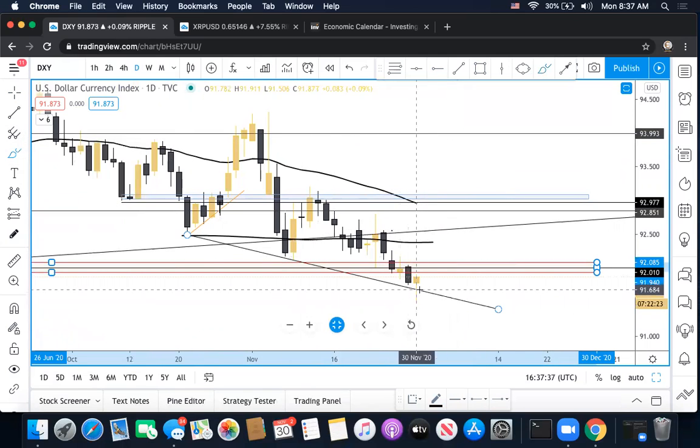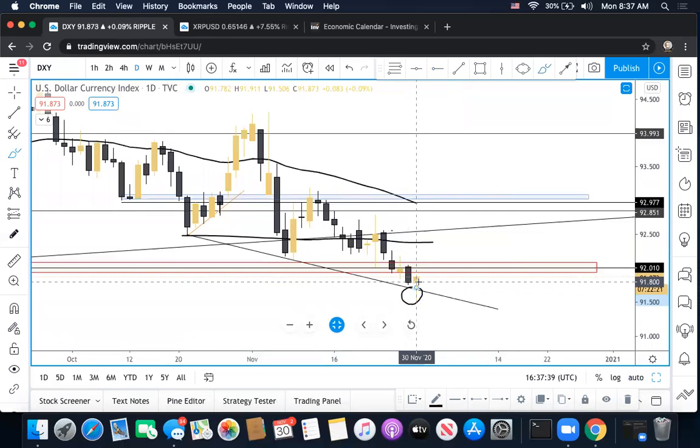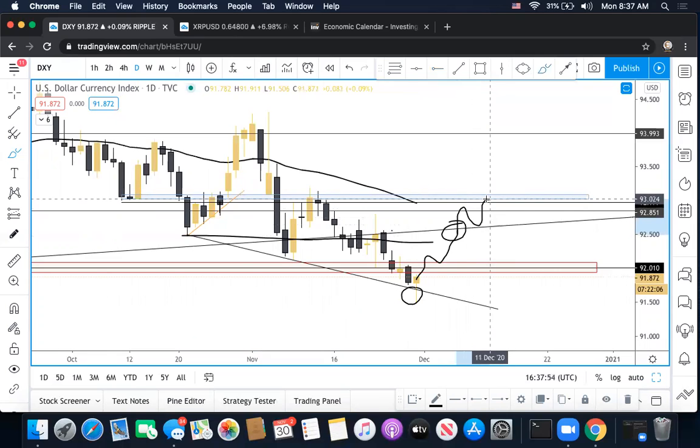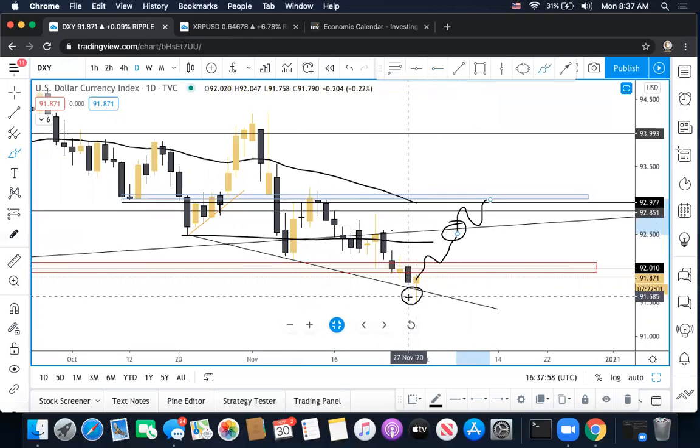So if we reject off this region right here and the market pushes back up above 92, let's say the retest is once it pushes up to this region right here, this is going to be a critical region. So now we're going to need to see if the market has enough bullish momentum to break above this region, hold, and go higher. At that point, breaking above 93 resistance, then we would know that the overall structure is possibly going to go bullish.